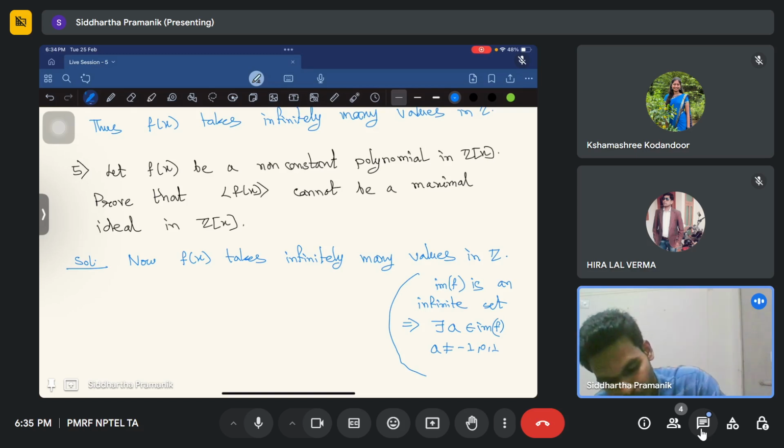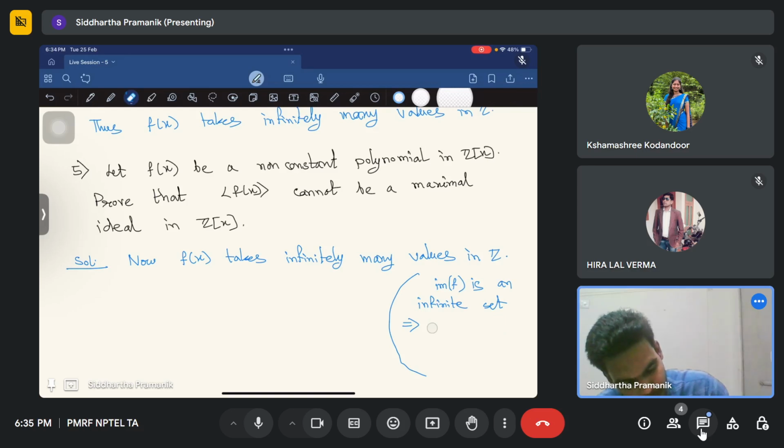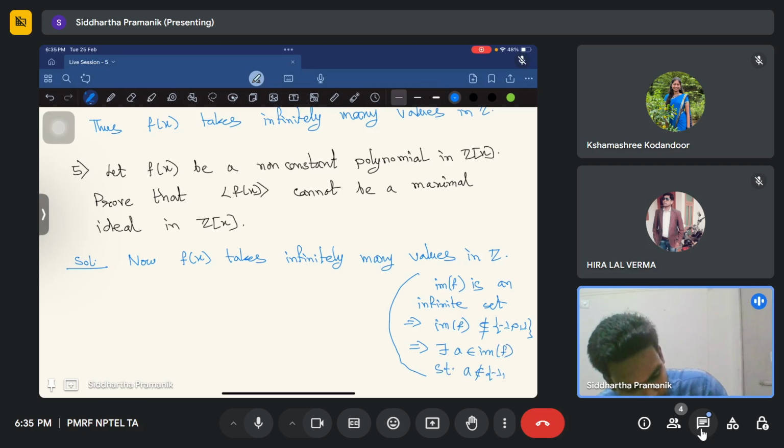So since it is an infinite set, the image of f cannot be a subset of this finite set. So that means there exists a belonging to image f such that a does not belong to {-1, 0, 1}.